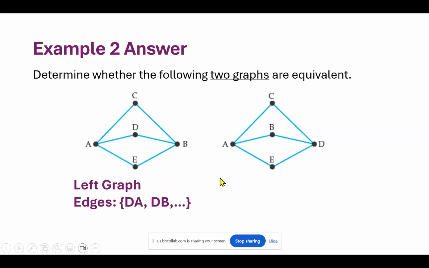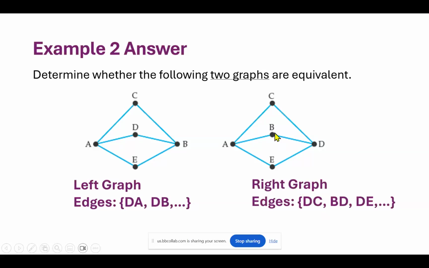So drawing the edges as two letters, for example, DA means that there's an edge between D and A, and DB means there's an edge between D and B. Then if you look at the other graph, you see that the one in the center now is B, so there are edges BA and BC.